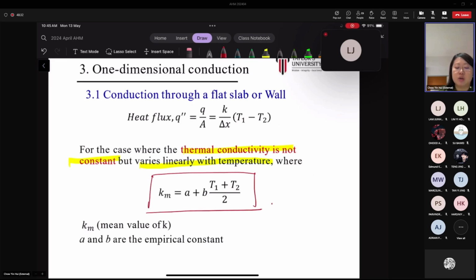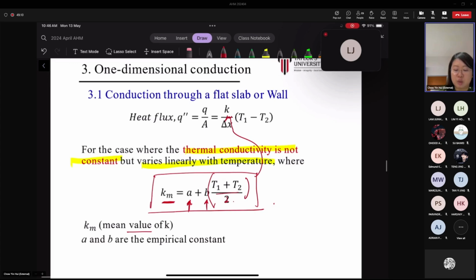We take the mean value of the thermal conductivity, which is A plus B multiplied by (T1 plus T2) divided by 2, where A and B are empirical constants. This gives us the mean value of the thermal conductivity because your two surfaces are at different temperatures, T1 and T2. So by using this equation, it gives us the average value of K between these two temperatures. Then if you substitute it back to this equation, it looks like this.